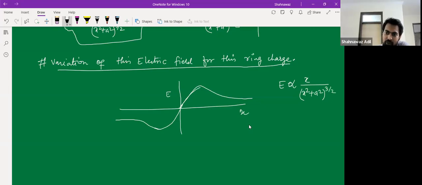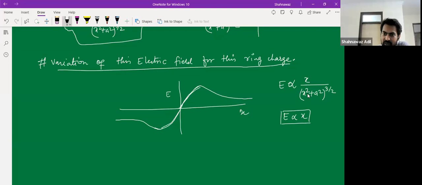When X is small, E is directly proportional to X, a straight line. Understood, Tariq and Chavez? Yes, sir. Then it will vary like this. Similarly, in this direction also.